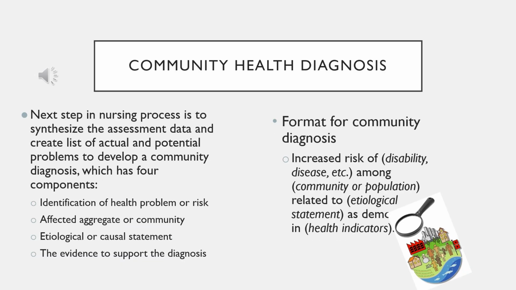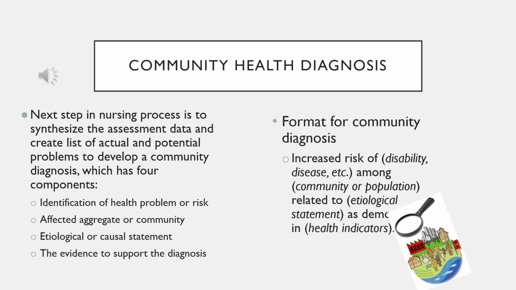After we have conducted our needs assessment, we're going to come up with the community health diagnosis. This is the next step in the nursing process, and it's used to synthesize the assessment data and create the list of actual and potential problems to develop a community diagnosis. It typically has 4 components.